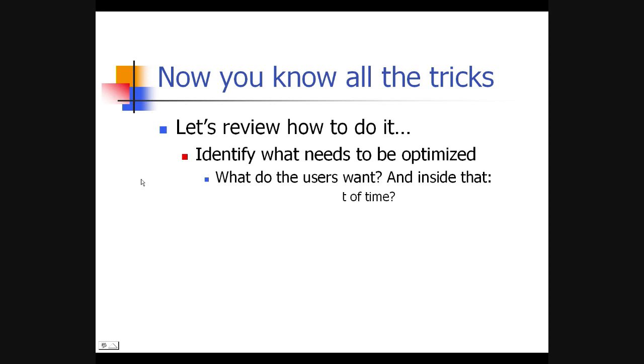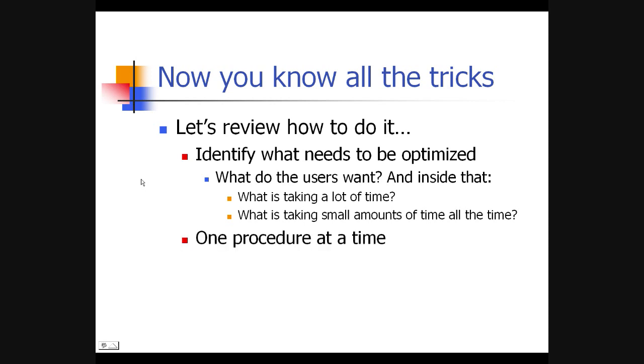And inside that, you go to the code level and you say, okay, what is taking a lot of time? Also, what is taking small amounts of time, but all the time? You remember the millions of calls to one small procedure. It's extremely important. Then, that's where you start the process.